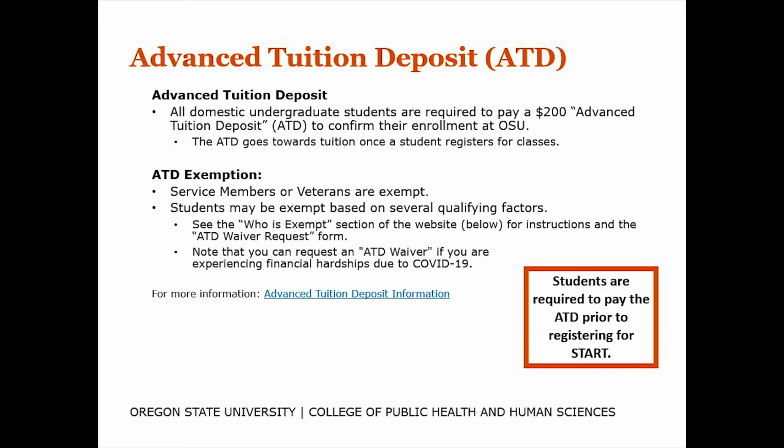There are exemptions for students who are service members or veterans, and other qualifying factors, in addition to the financial piece that we discussed in the previous slide. There will be more information on who is exempt if you use the advanced tuition deposit information link on the PowerPoint once you get it.